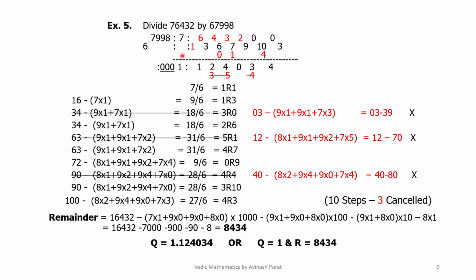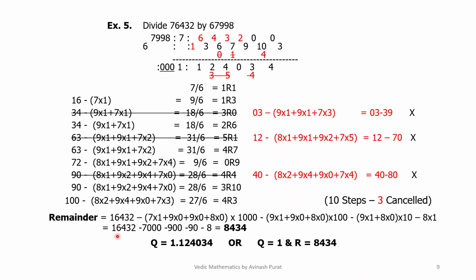16432 minus 7 into 1 plus 9 into 0 plus 9 into 0 plus 8 into 0 multiplied by 1000 minus 9 into 1 plus 9 into 0 plus 8 into 0 multiplied by 100 minus 9 into 1 plus 8 into 0, that is multiplied by 10 minus 8 into 1.